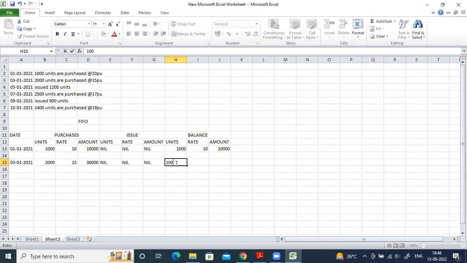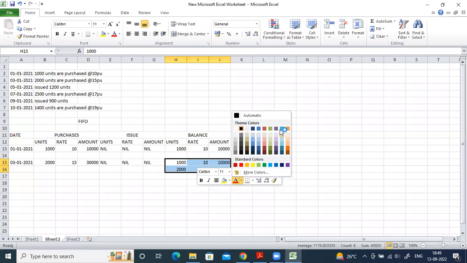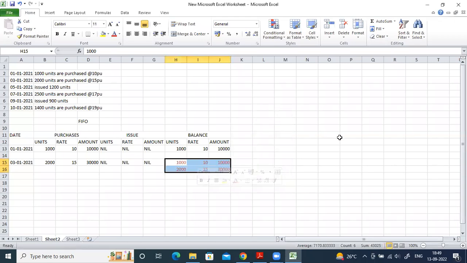Already we have 1000 units at the rate of 10, 10,000, and we also have 2000 units at the rate of 15, amount 30,000. Is it clear, guys? This is our balance, because on this particular day we have this particular balance amount. Now the next date is 5th January.